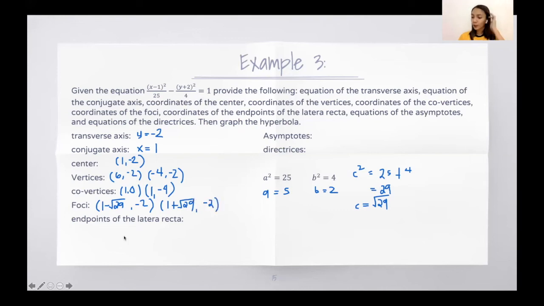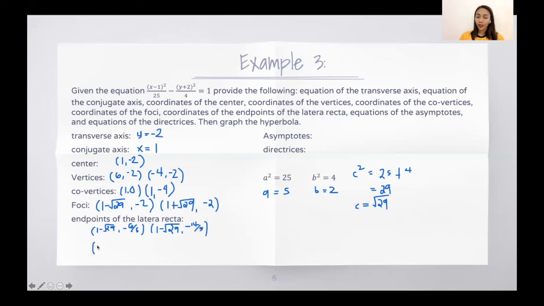Okay? For the endpoints of the lateral recta, we have 1 minus the square root of 29 and negative 6 over 5. Next, 1 minus the square root of 29 and negative 14 over 5.